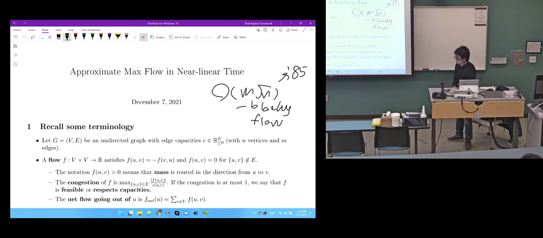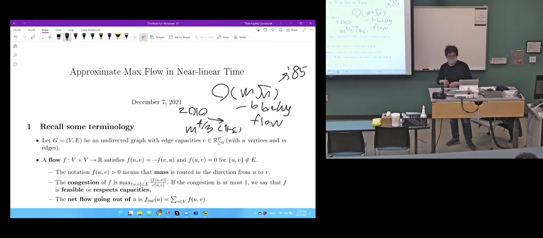The exponent of n to the 1.5 was there for a super long time, until sometime around 2010, it turned out that there is an algorithm that gives you a 1 plus epsilon approximation, but the running time is now something like m to the 4/3.